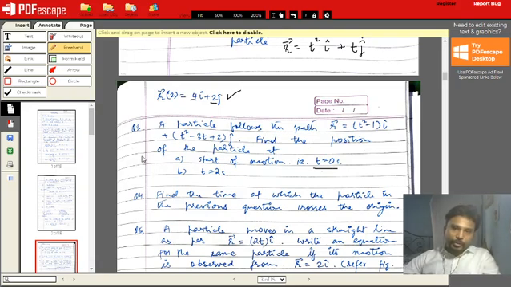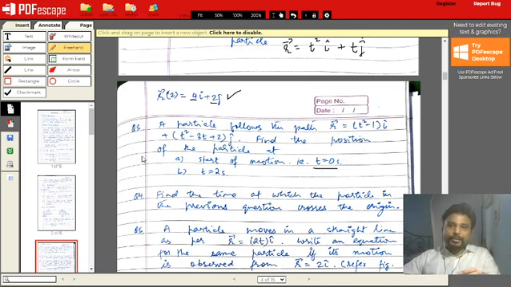So we know the position vector. Though here the position vector would be looking pretty big, but the idea is to just substitute the value of t. So the value of t is 0 seconds.